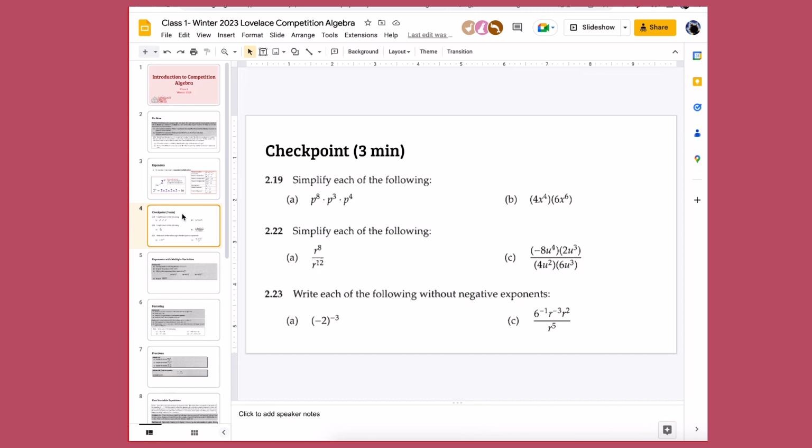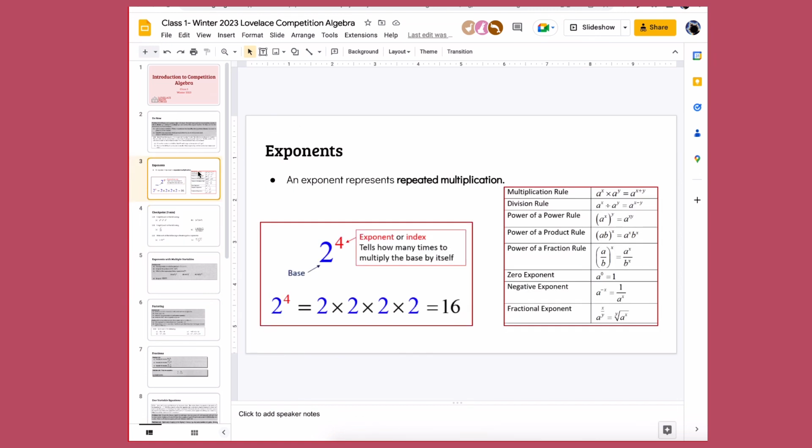I haven't learned this in school, so I don't understand it. Wait, did you learn about exponents yet in school? I did, but I haven't gone into depth about it. Okay. Do you understand the definition of an exponent, like what it means for something to be 2 to the power 4?